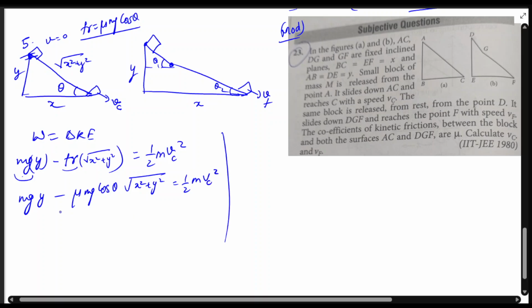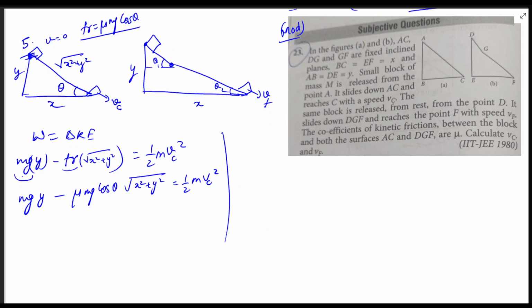Simple, right? So cos theta will be base upon hypotenuse. This is x and this is the hypotenuse. So we can write mgy minus mu mg x upon root x square plus y square, times root x square plus y square, is equal to half m vc square.